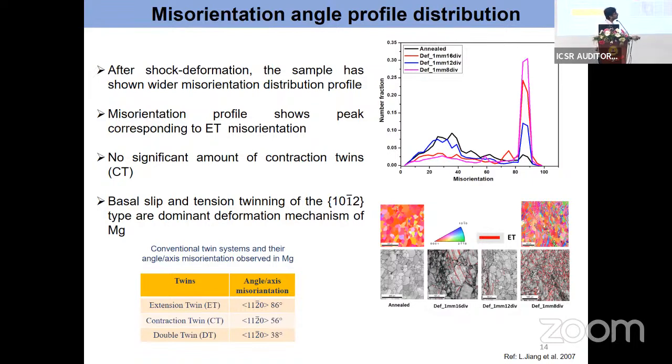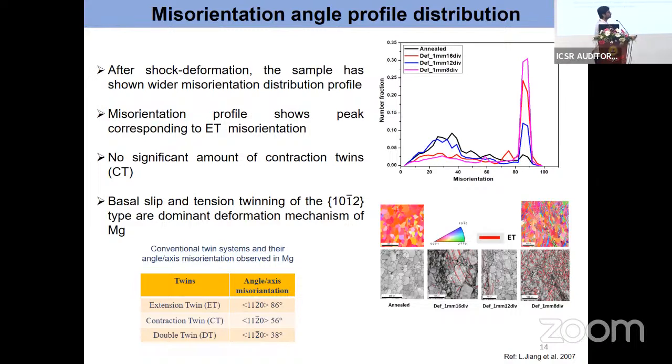In this case, I got only extension twins at 86 degrees, and no significant amount of contraction twins. So this deformation mechanism happened due to basal slip and tension twins.